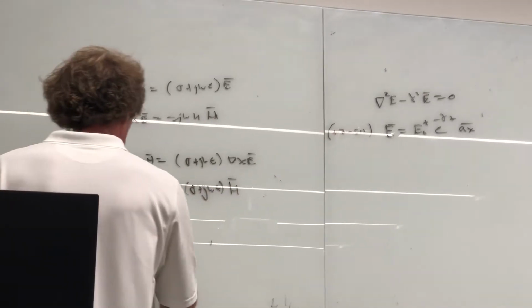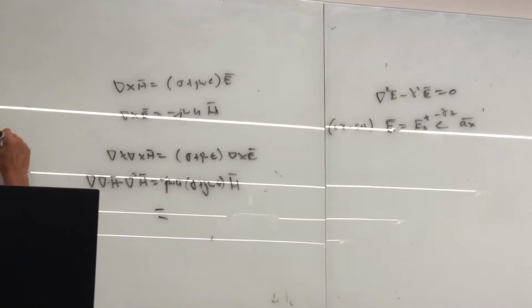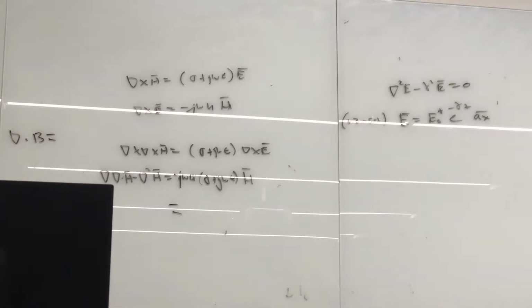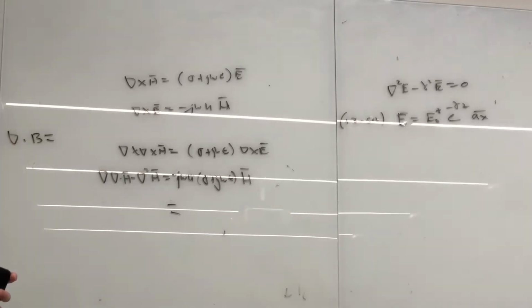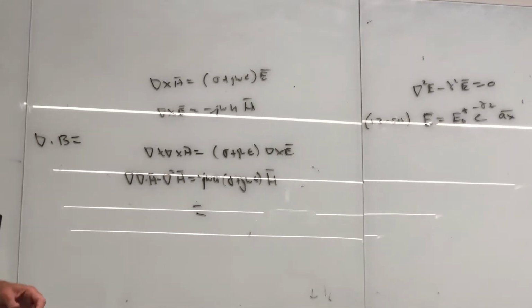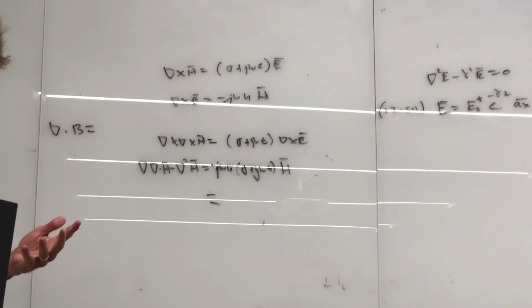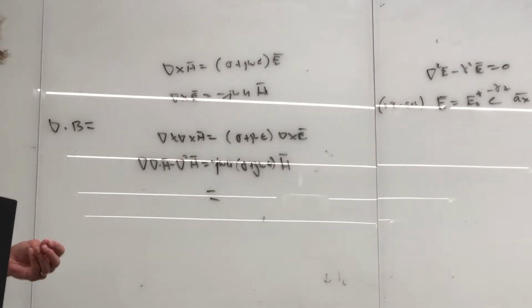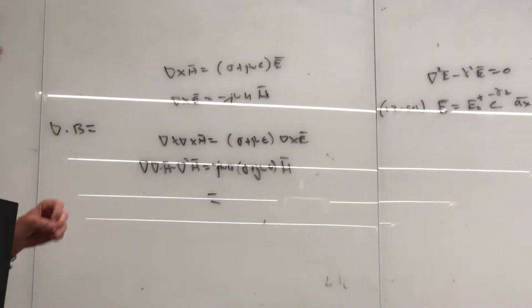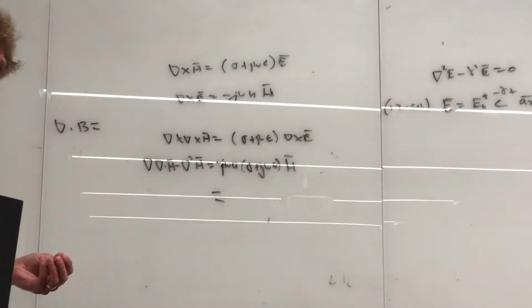Well, by definition, what is the divergence of B equal to? Do you remember this? This is a very important thing. Let's try this. What's the divergence of D in general? Rho v, the volume charge density, right? Now, volume charge density means there is electric charge, right?